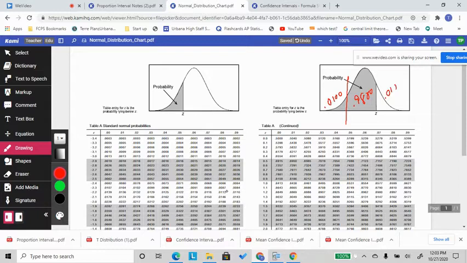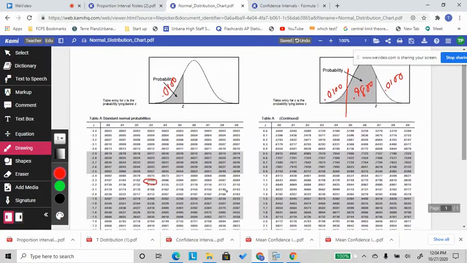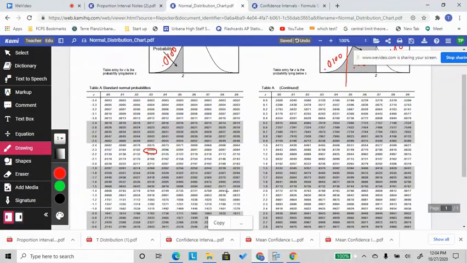I look up the closest thing to 100, and it is 99. I look up the closest thing to 100 on this side, and it is 9. Look up the closest thing to 9,900 on this side, and it's 2.33.